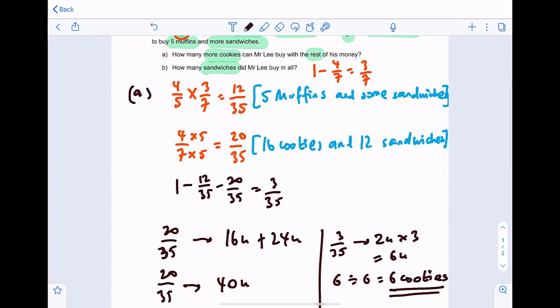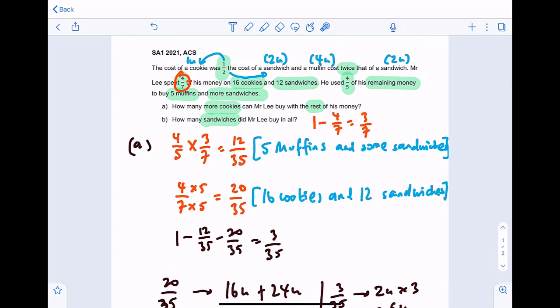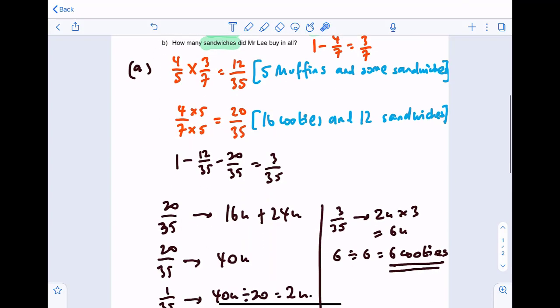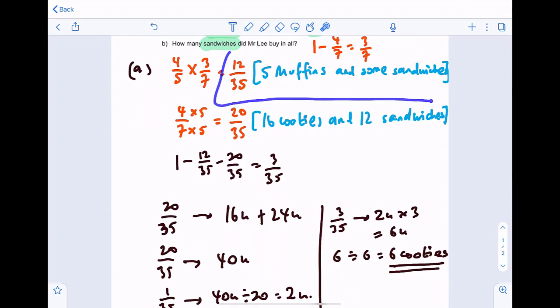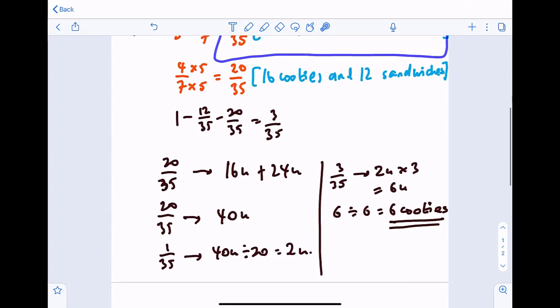Finish. Now for part B, how many sandwiches did Mr. Lee buy in all? Now we know that he has already bought 12 here. And he used some of his remaining money to buy some sandwiches and 5 muffins. Okay, so over here, look at this. 12 over 35 is for 5 muffins and some sandwiches.